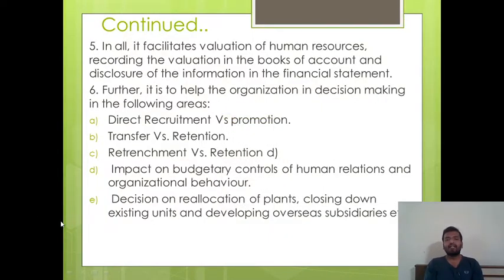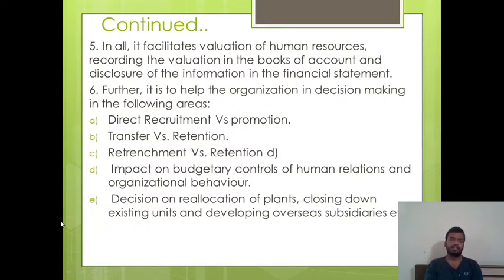In all, it facilitates valuation of human resources, recording the valuation in the books of account, and disclosure of the information in the financial statement. This is quite a simple objective which can be easily understood by you all.